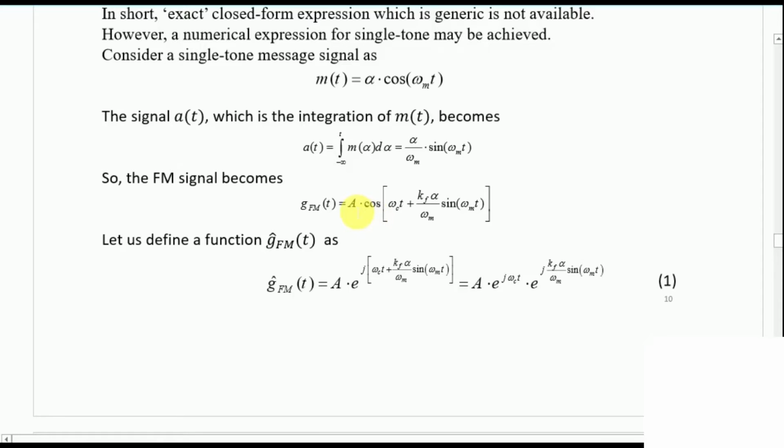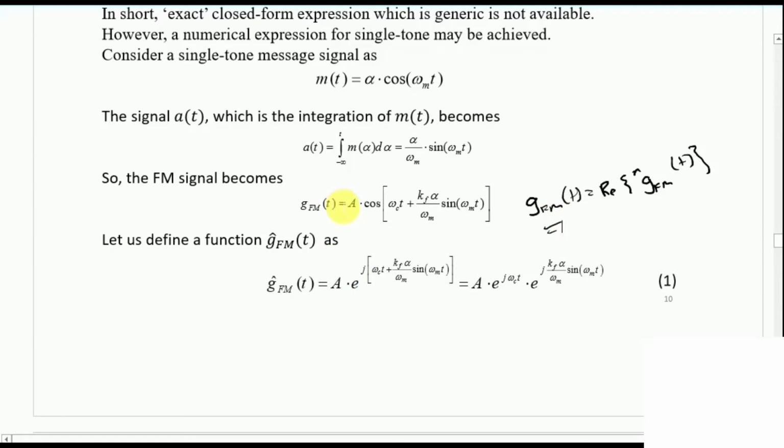So we simply say that g_FM of t is the real part of g_FM hat of t, right? They are equivalent. We are not approximating the message signal, we are just constructing a more generic form in terms of exponential, and then we take the real part and come back to the intended expression for the frequency modulated signal.